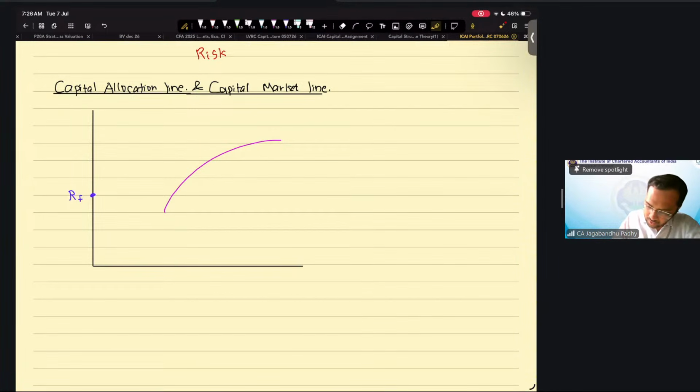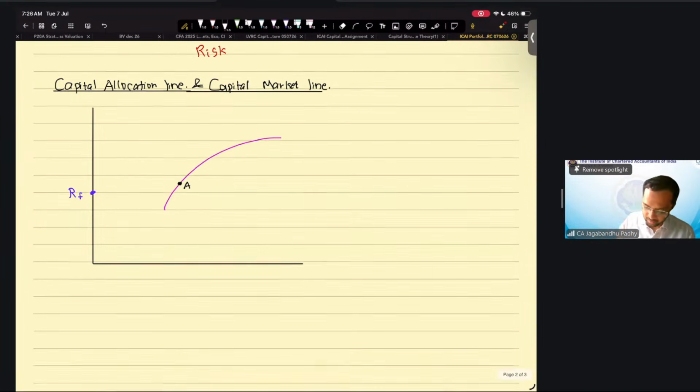So let's say you decide to combine risk-free with this portfolio named A on the efficiency frontier. Now, if you're combining risk-free with A, you actually get a straight line like this, which indicates that if I invested fully in risk-free, you're sitting over here.